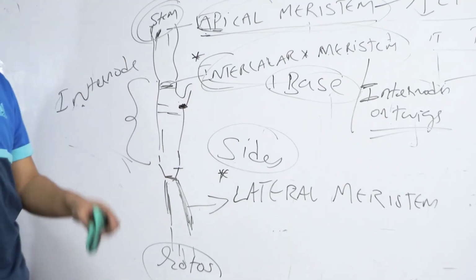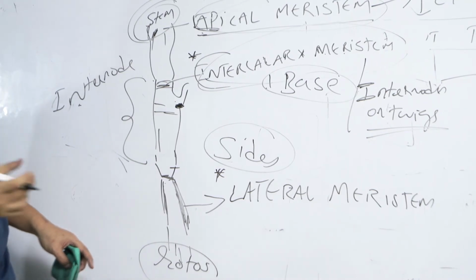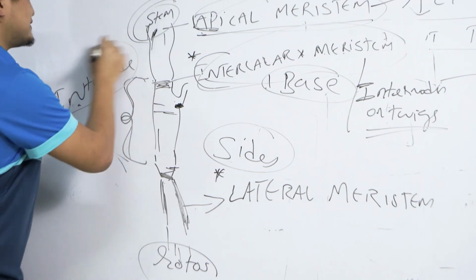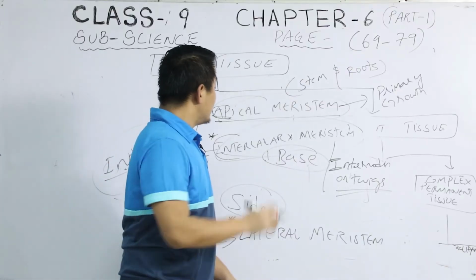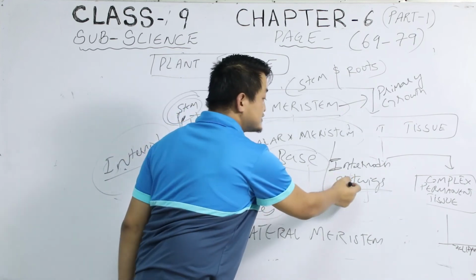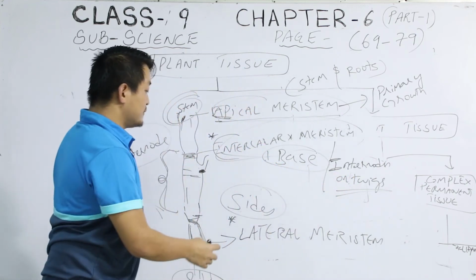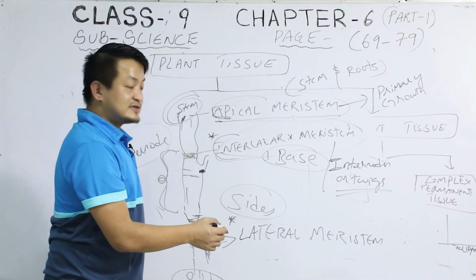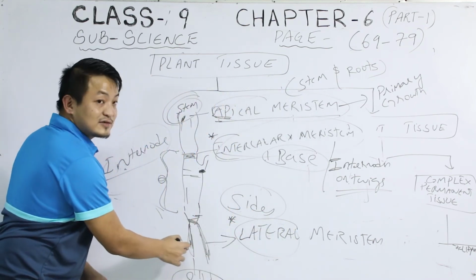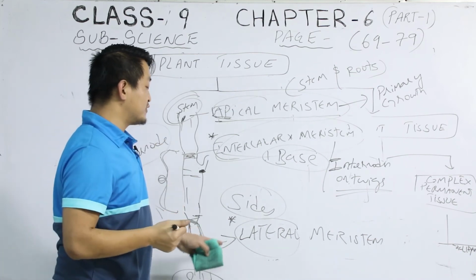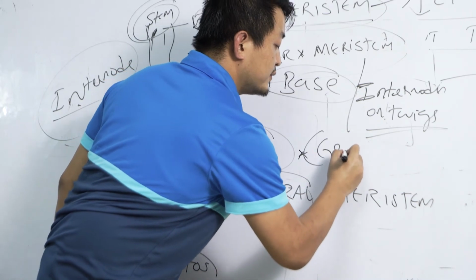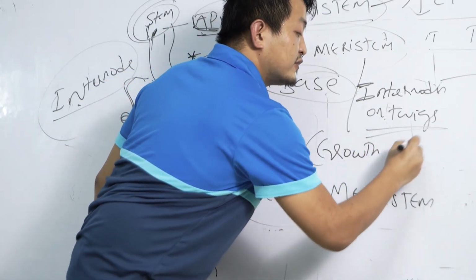Have you ever seen the stem of grass? There you'll see this portion, that is known as the internode. So intercalary you'll find on the base of the leaf or internodes on twigs. And what about the lateral meristem? It occurs on the sides. This is responsible for the growth of girth.